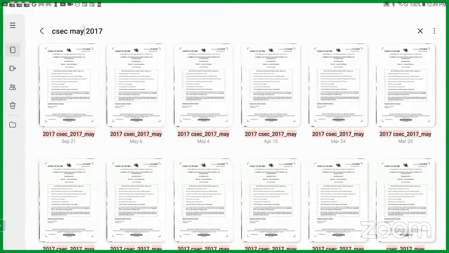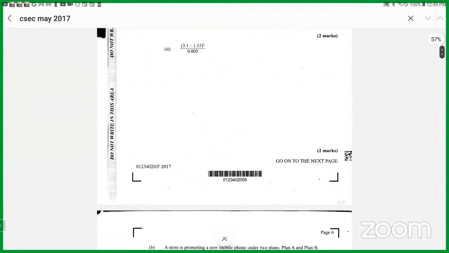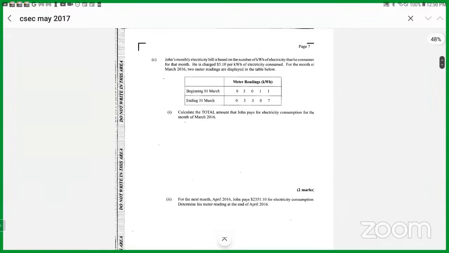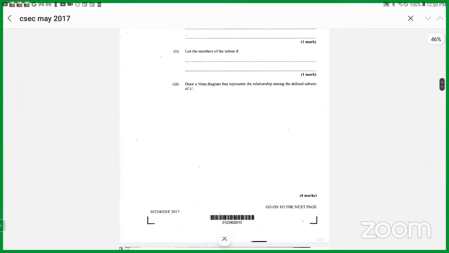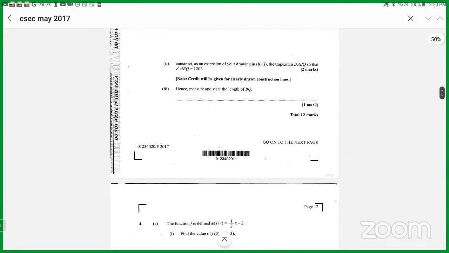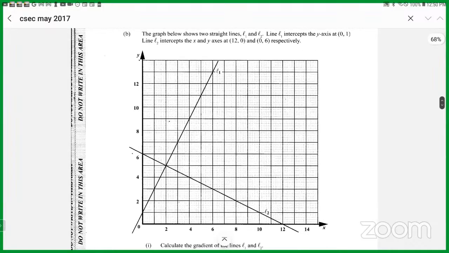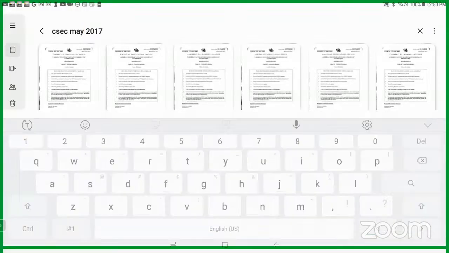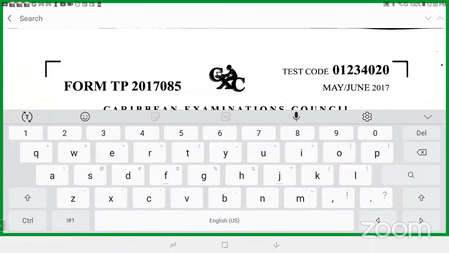See there, that looks like it. Section 2. Somebody can remind me what question it was? Aha, there you go. That's the one right there, 4B.